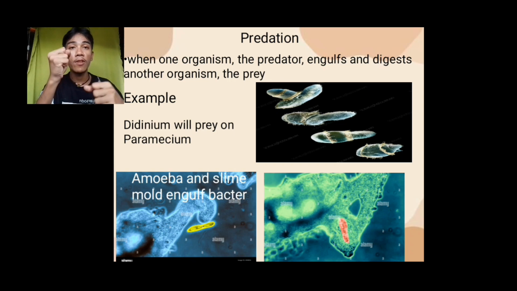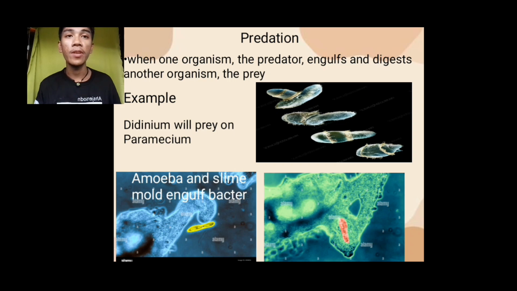Ito yung prey, tapos ito yung predator. Kaya niyang sakupin yung isang prey kahit malaki pa yun, okay? Ganon yung predation, kasi the power it holds ay kayang-kaya niya talagang sakupin ang isang organism kahit malaki pa yan.